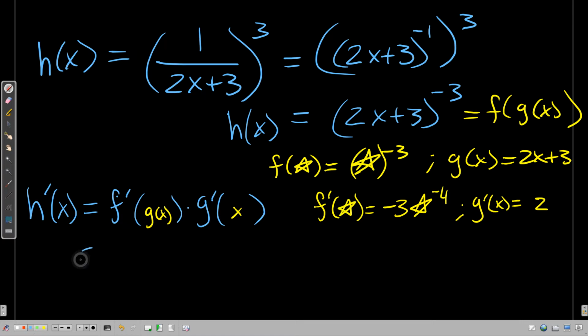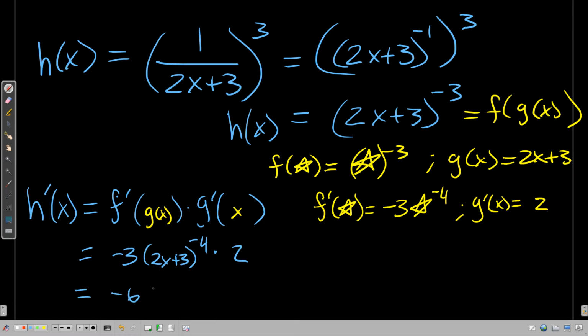So our derivative would be minus 3, and in there is my star, right? But I'm not going to put star because I'm going to put g of x. And then it's to the minus 4, and then it's times g prime, which is 2. And instead of putting the star, I put g of x. g of x is 2x plus 3.